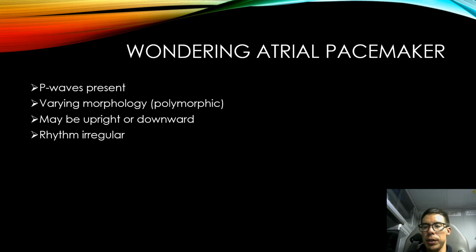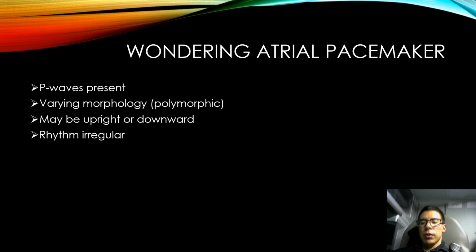Okay, wandering atrial pacemaker. So with wandering atrial pacemaker, WAP, what that is unlike atrial flutter, which we just talked about, that has all of these atrial impulses coming from either the same or around the same area in the atria, wandering atrial pacemaker, instead, with each beat, it's switching to a different place within the heart, and different places are going to give different appearances to that P wave.